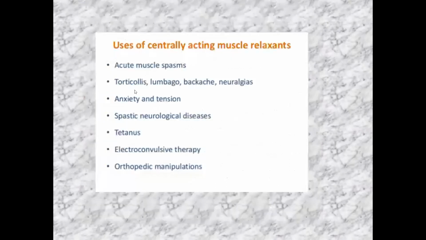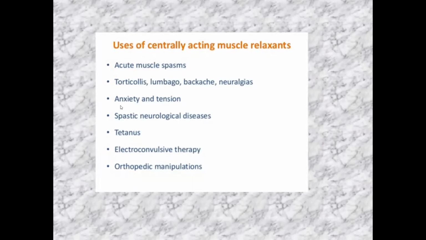Next, you can see the common uses of centrally acting muscle relaxants. They are used in acute muscle spasm, as they reduce muscle spasm and contraction of muscle.